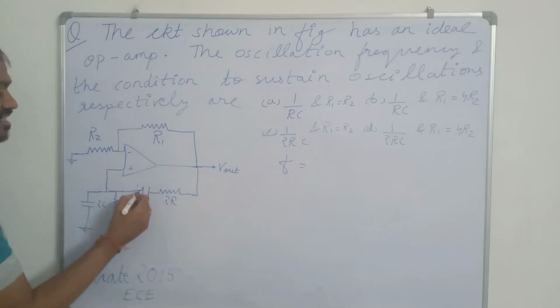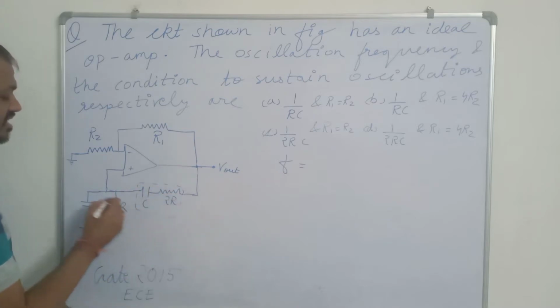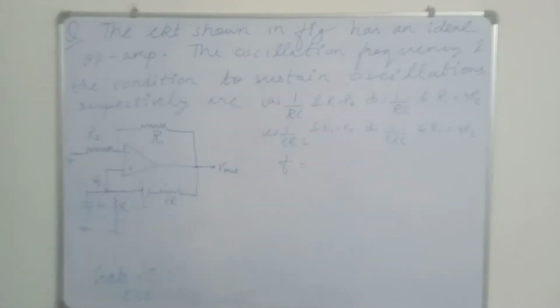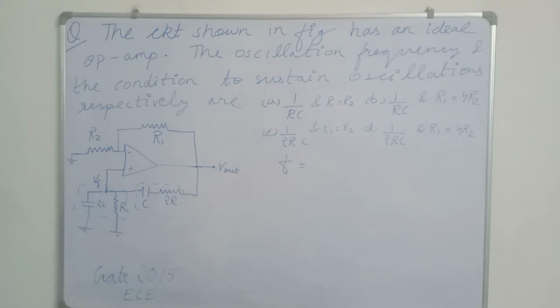This RC series network is connected with a parallel RC network in positive feedback. This voltage is Vf. So these two networks are connected together in positive feedback, and clearly this is a Wien-Bridge oscillator.